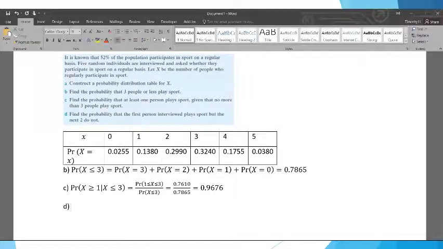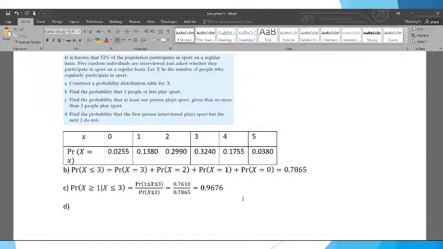Alright, B. Find the probability that the first person interviewed plays sport, but the next two do not. Now, here's an interesting one. You might be tempted to use the binomial distribution for this, but you can't. If you use a binomial distribution, it doesn't specify whether that particular person is doing sport.